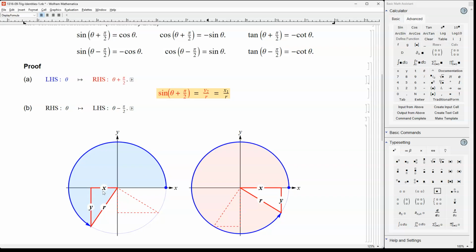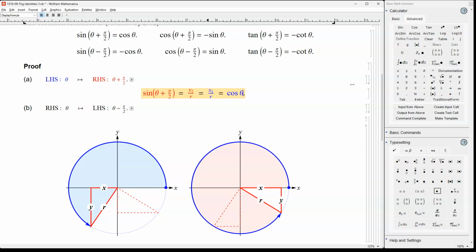But be careful. How about the sign? Positive, staying positive. So no change here. So x over r, that's cosine. Here, y2, the y-coordinate of the second picture, and x1, the x-coordinate of the first picture, are the same quantity, same sign.